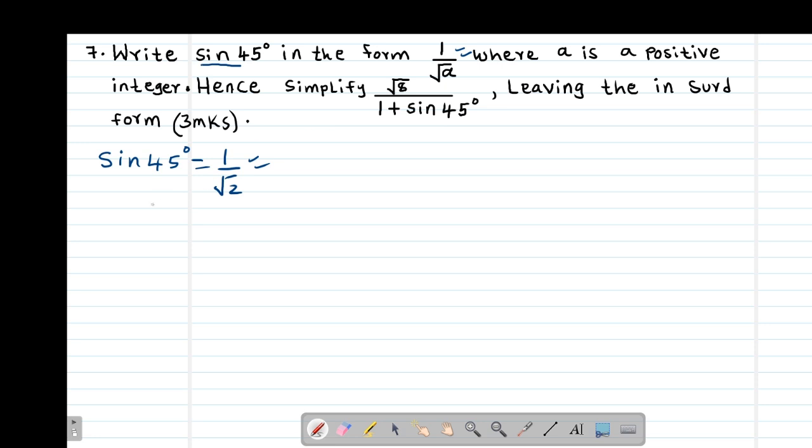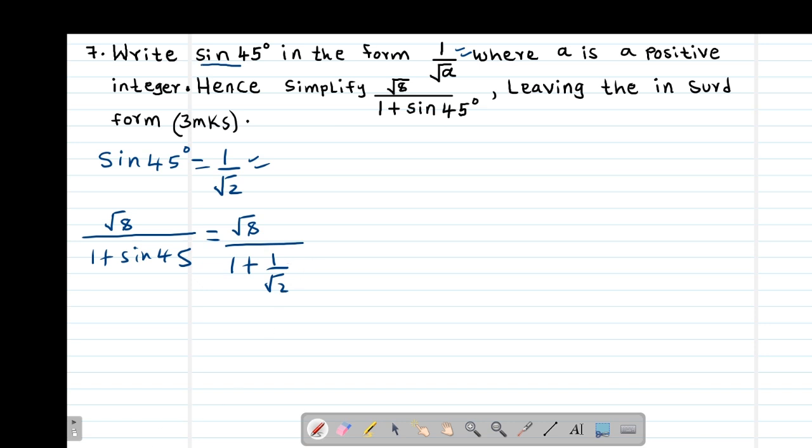Then we are told, hence, to simplify the root of 8 divided by 1 plus the sine of 45. We have gotten sine 45 as 1 over the root of 2. Therefore we are going to multiply by the conjugate.